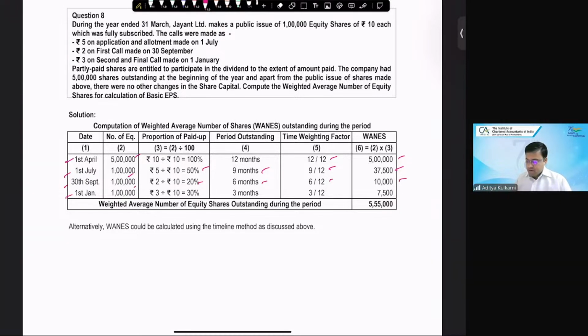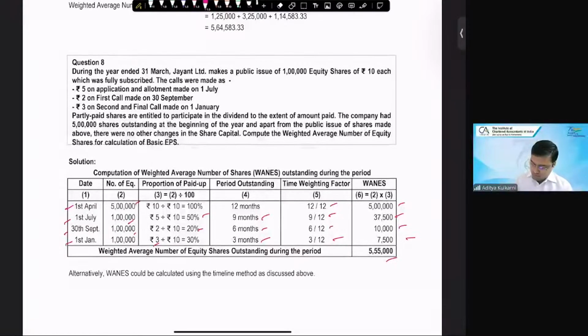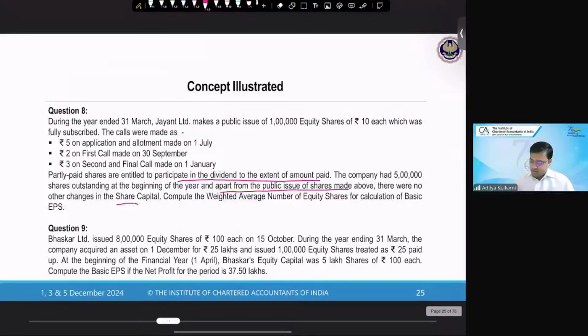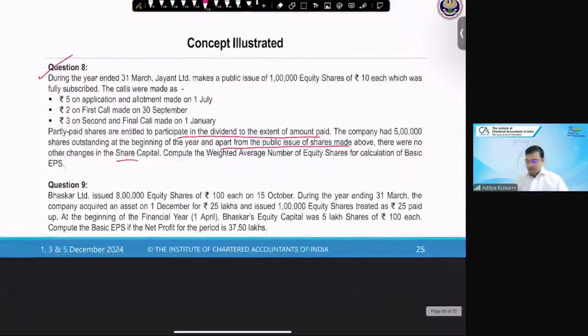On 1st of January, 3 rupees, 3 months, so 7,500. So total is 5,55,000 shares. Are we okay with this? Yes, sir. All right, fine. So that takes care of this question.